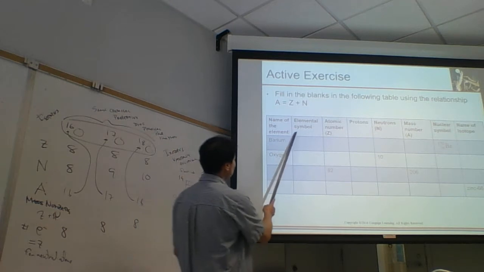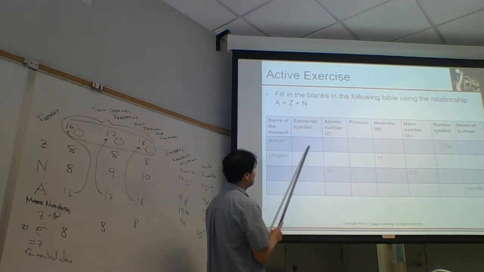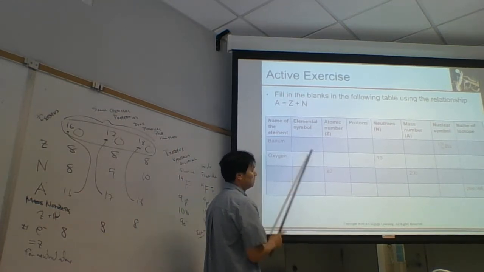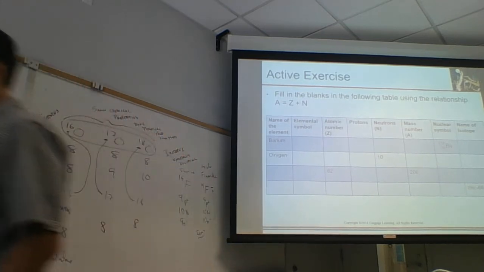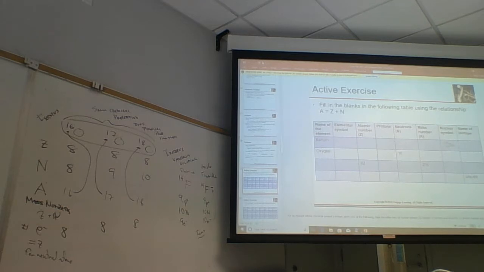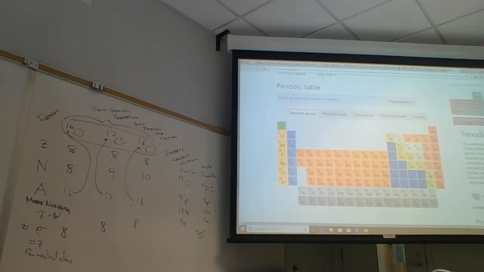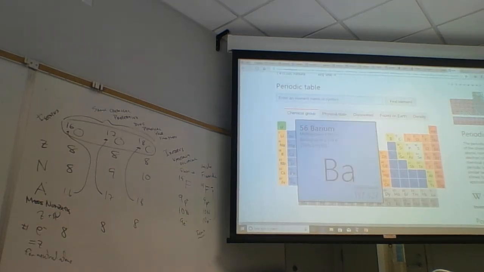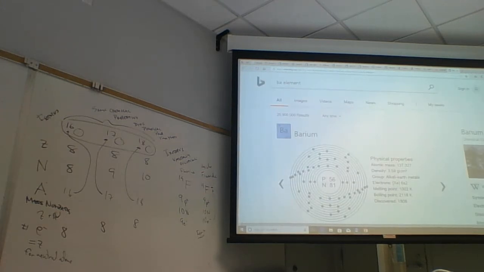So the symbol for barium is, let's go to the periodic table here. Yeah. Symbol for barium is Ba. Barium is a metal.